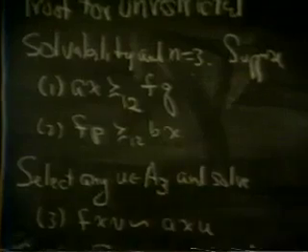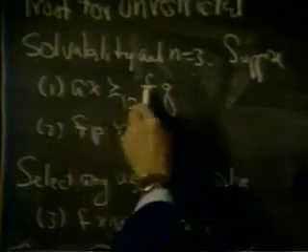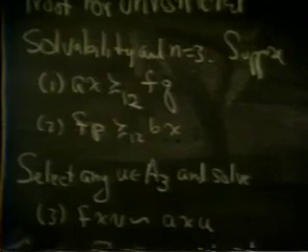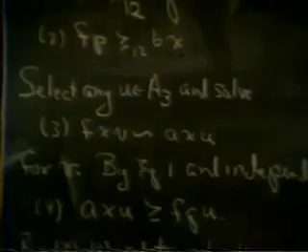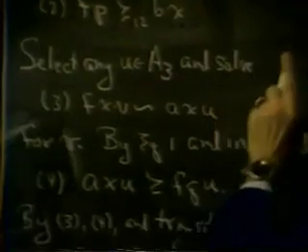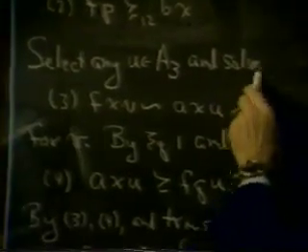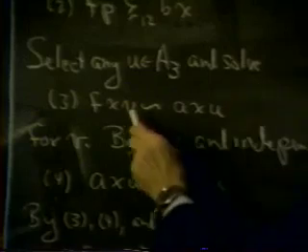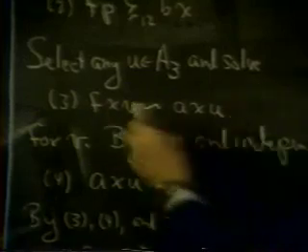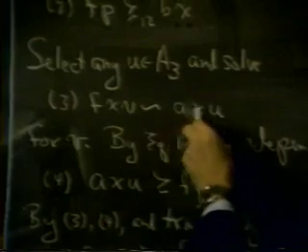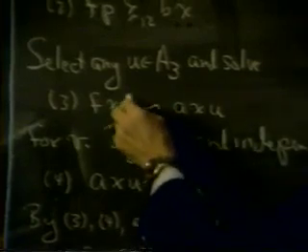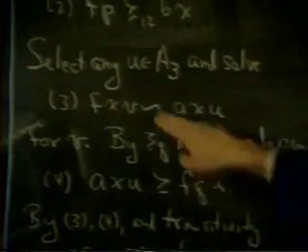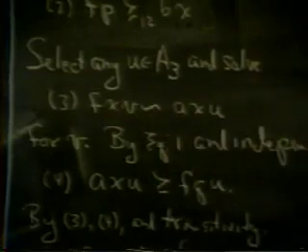You remember that involved the F's on both sides of the inequality and the X's on both sides. Now, select any element U in the third component and solve, and here's where unrestricted solvability comes in, solve for V in this equation. You have FX and AXU, all of those are known, and now you solve for this V here to make an equality.